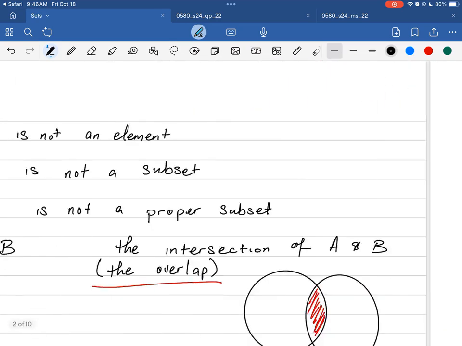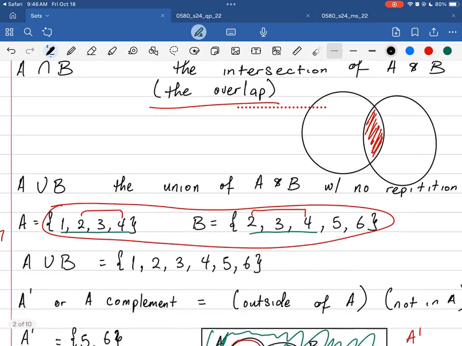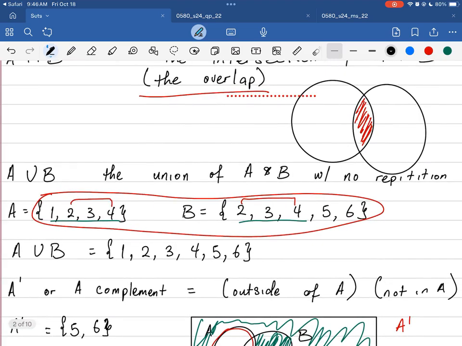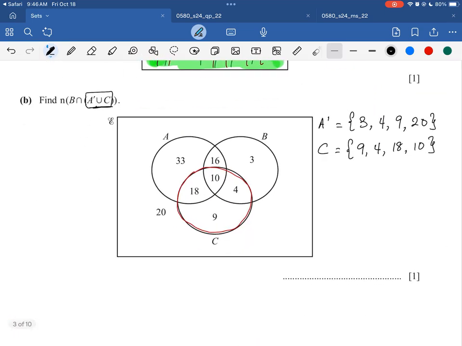Remember we said union is everything together with no repetition, right? So A complement union C, everything together, that would be 3, 4, 9.